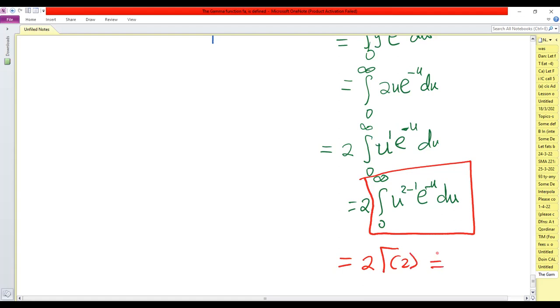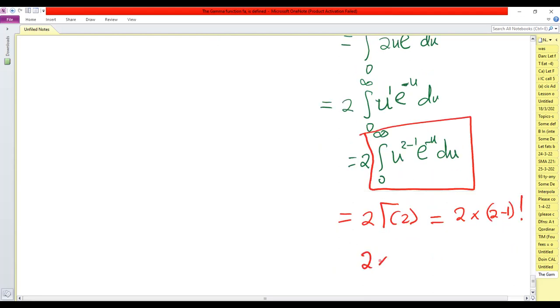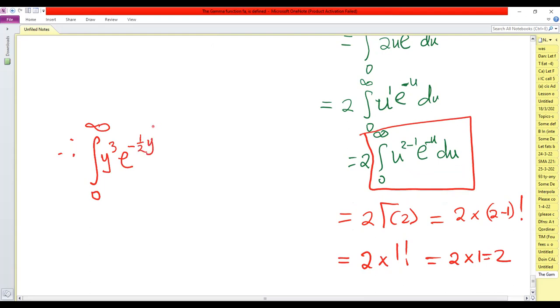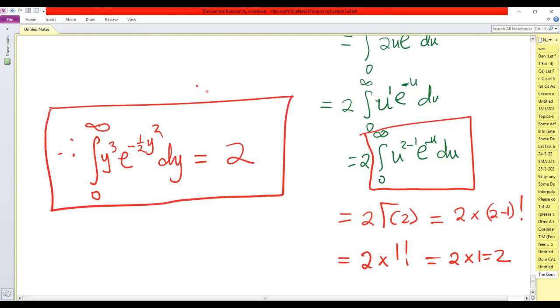And we know that gamma of 2 is simply 2 minus 1 factorial, and 2 minus 1 is 1, so I'll have 2 times 1 factorial, the same as 2 times 1, and the answer will be 2. So therefore, the integral from 0 to infinity of y power 3 e raised power negative a half y squared dy is nothing but positive 2. So this is the final solution to the question.